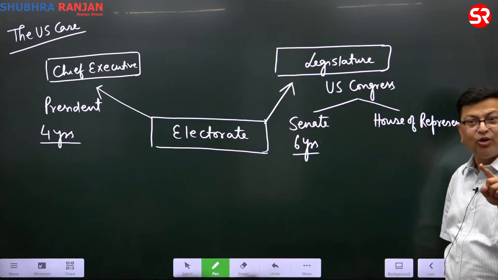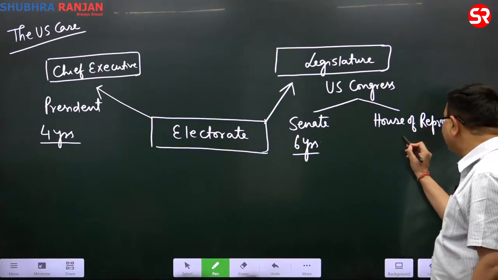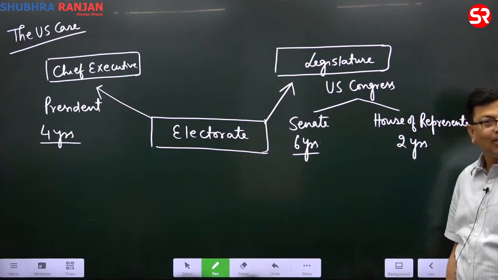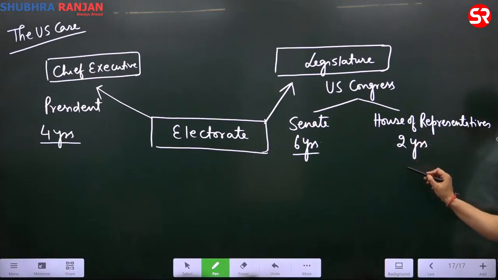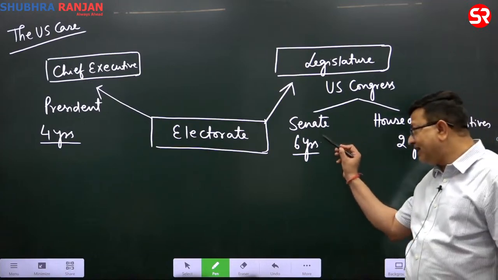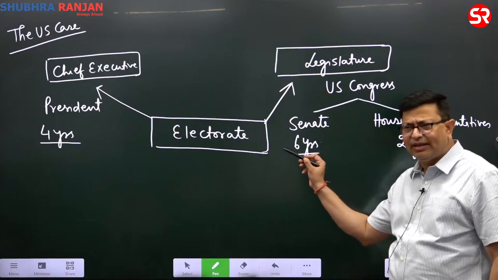The term of our Lok Sabha is 5 years. The term of the House of Representatives is 2 years. So every 2 years, the people of America elect their representatives to the House of Representatives, just as we elect our representatives in the Lok Sabha every 5 years, and every 6 years the senators are elected. They are also directly elected by the people.